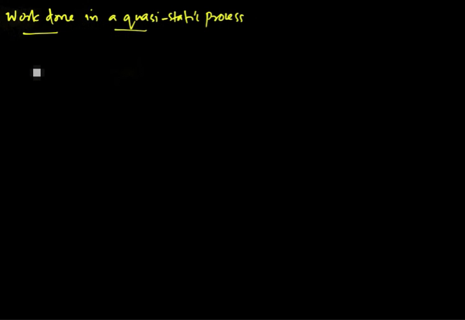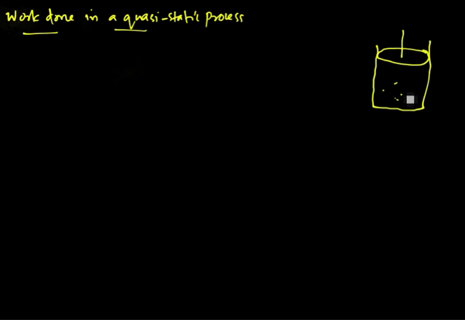To discuss the work done in a quasi-static process, consider a system contained in a cylinder which is fitted with a frictionless piston. Suppose the system is a gaseous system.